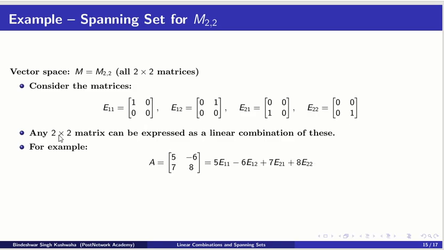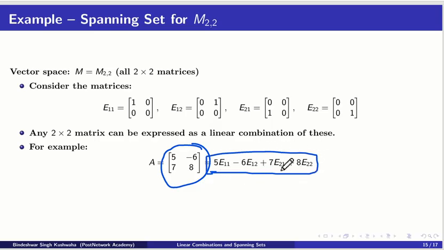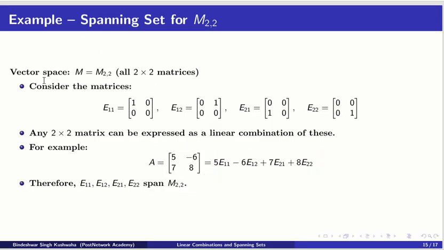Here, as an example, take the matrix (5, -6; 7, 8). This matrix can be written as a linear combination of e11, e12, e21, e22. So you can say that these matrices span M22. Here M22 is a vector space.